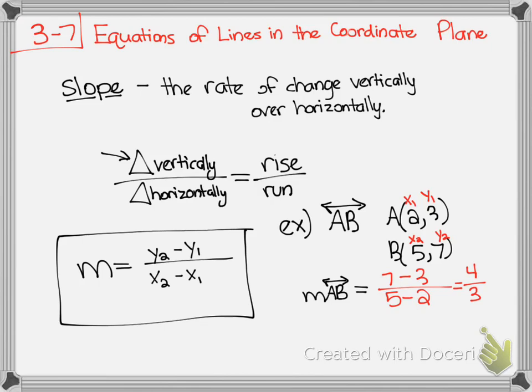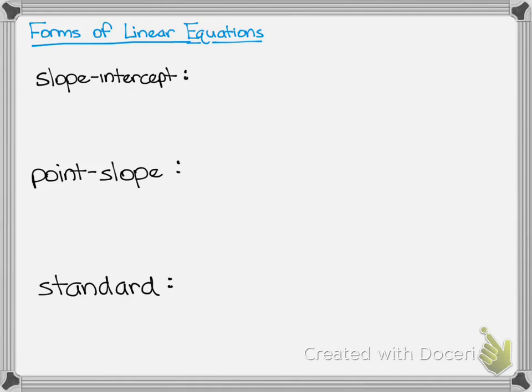Okay? So what I want to do now is look at the different forms of linear equations we have. The first and most commonly used form is slope-intercept. Slope-intercept form is y equals mx plus b. M and b here are what have to be known in order to graph this line, in order to find all the points that go through this line.